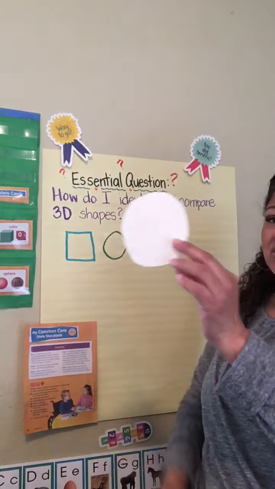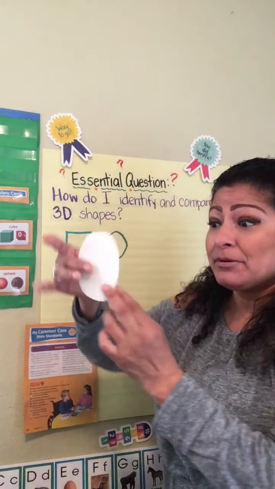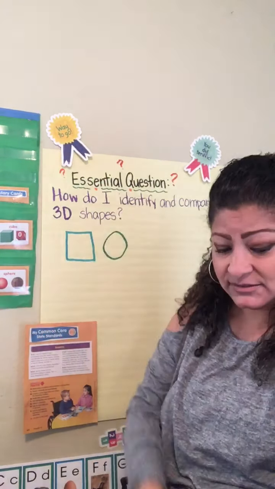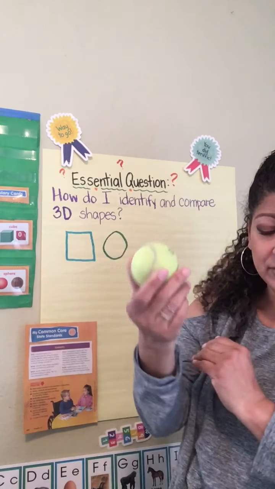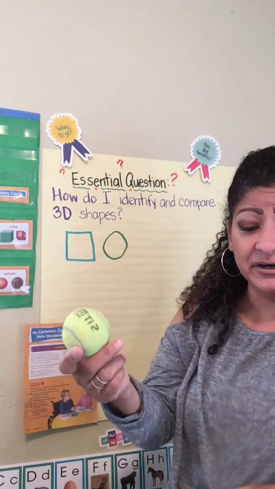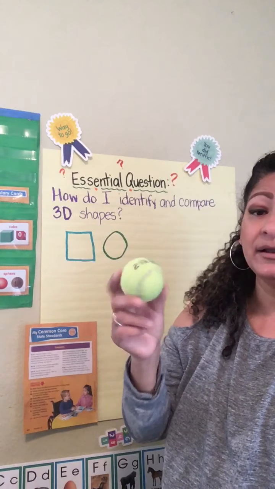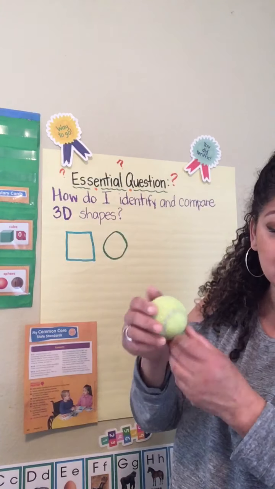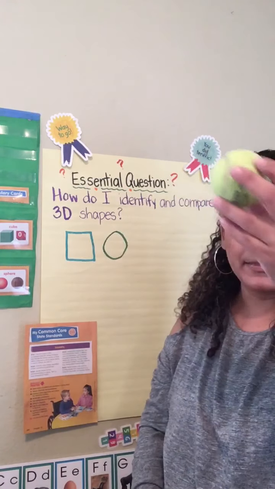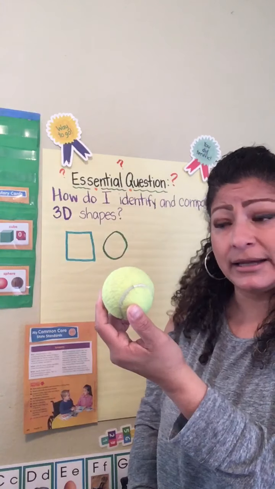The two-dimensional, can I hear my clap? Yes. But a three-dimensional, you can't hear the clap. So guess what? A sphere, you cannot hear a clap. It's perfectly round. Okay? And boys and girls, like I said, it's kind of like a ball.